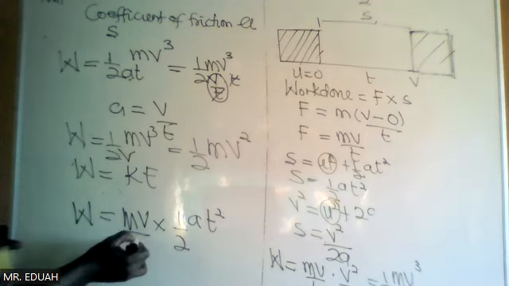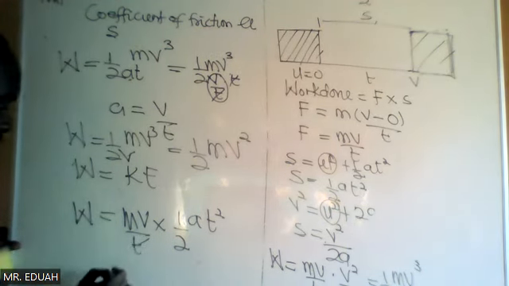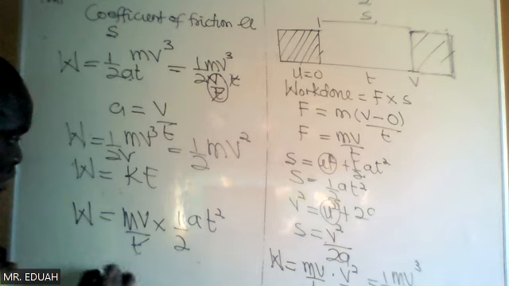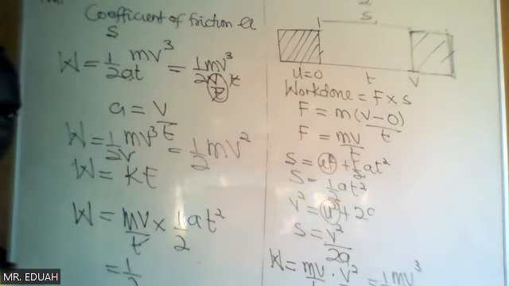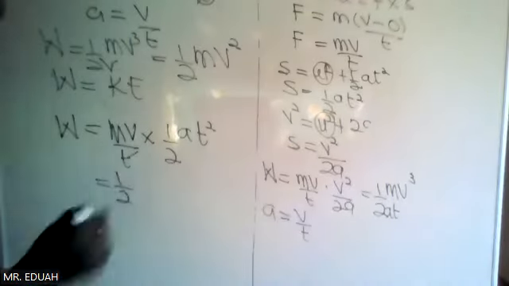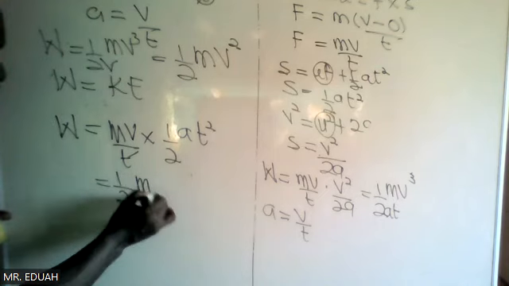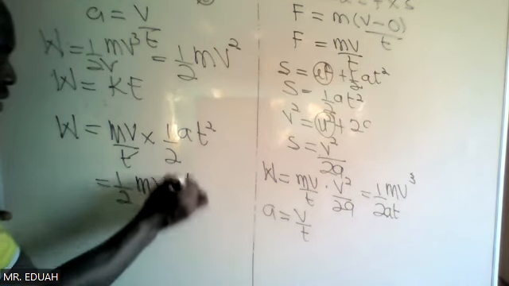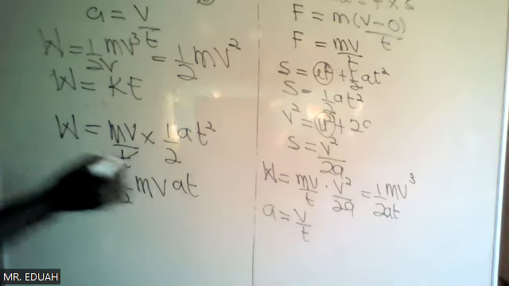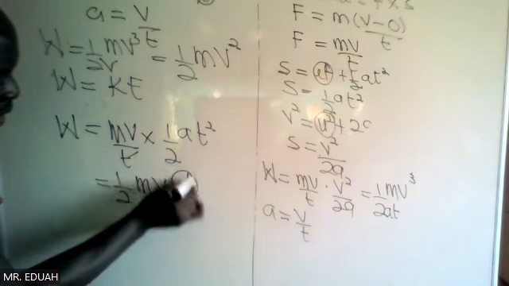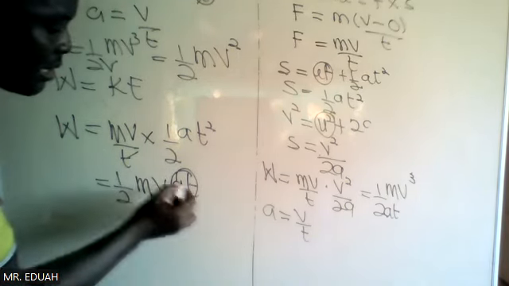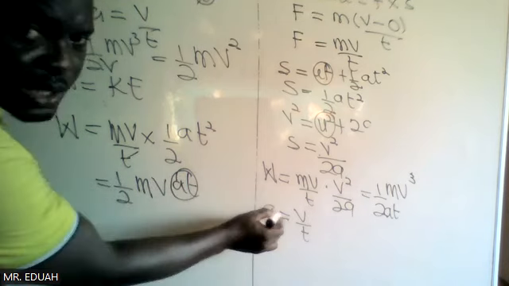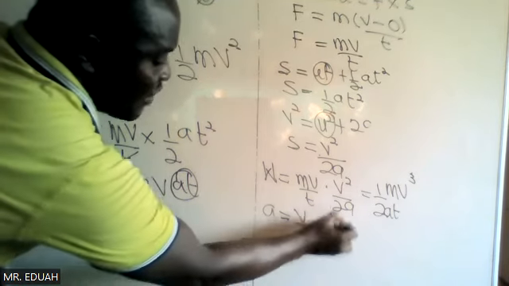So you have one of the t's canceling out, so you have half mv a t. Now look at something: a times t is actually v.